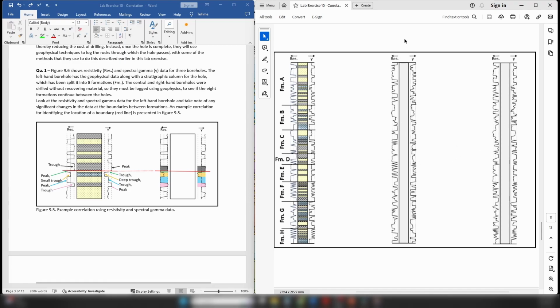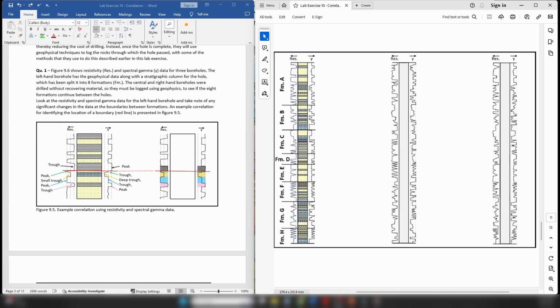Okay, so that means the second location here has been dropped down because it's towards the axis of the syncline, and then over here at location 3, it's going to be slightly higher because it's on the other side of the syncline. So you would have a trough-like feature. And so that would mean that formation B for this second location would drop down relative to its position at location 1. So don't just expect the formations to continue straight across.